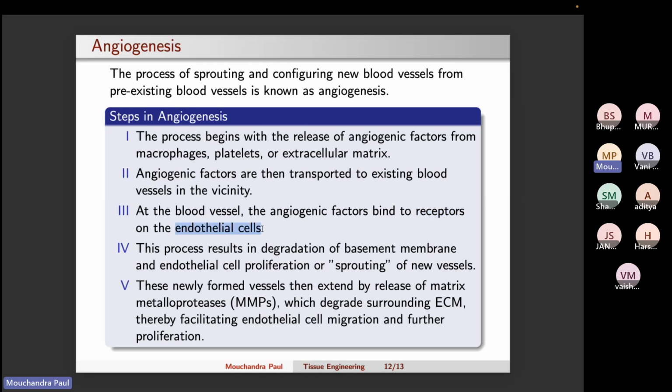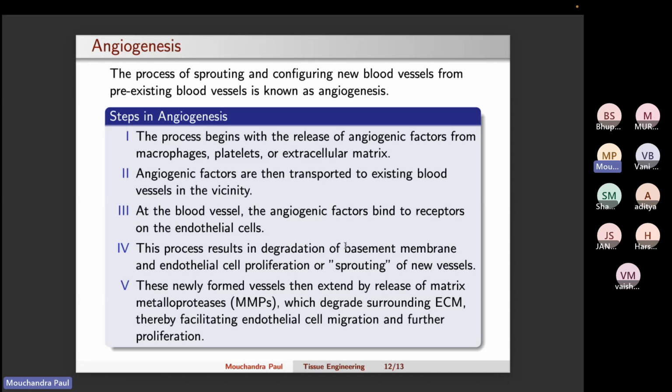The inner lining of the blood vessels is formed by the endothelial cells, and these cells have receptors specially for binding these angiogenic factors. Upon binding, what happens? It initiates degradation of the basement membrane.